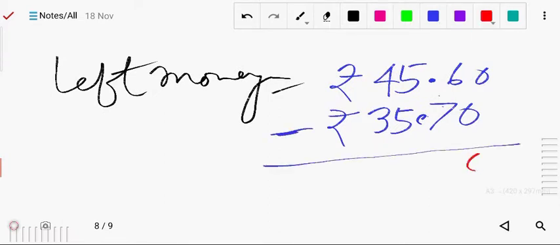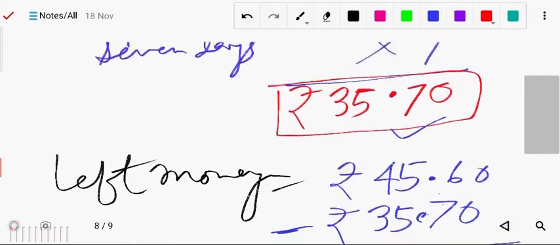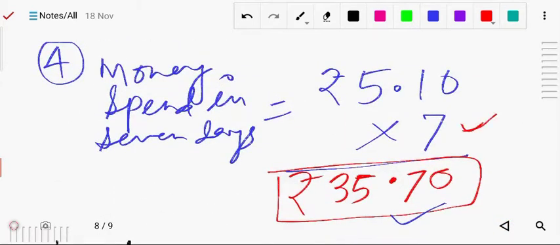So it will be 0, here will be 9 point, here is 9. So the amount left with him is rupees 9.90. And why have we multiplied by 7 here? Because in a week how many days? 7 days. And also it is given 7 days. So that's why we multiplied by 7.